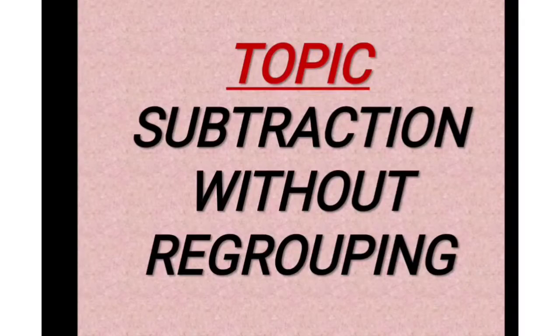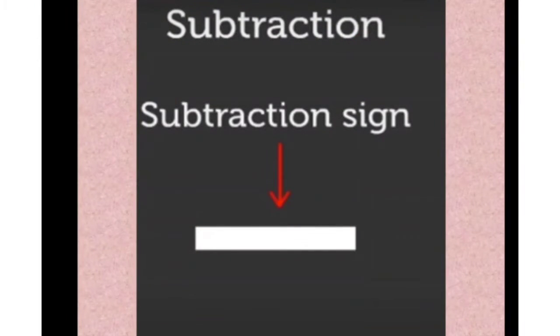So our first topic is subtraction without regrouping. In class 2, you also did this topic, subtraction without regrouping. So now we have one example. Before starting this chapter, please see this is the subtraction sign, and with the help of this sign we can identify a subtraction problem.